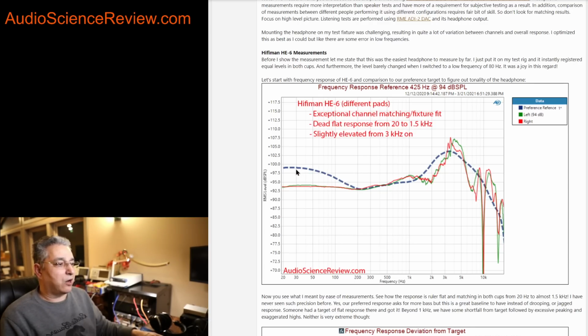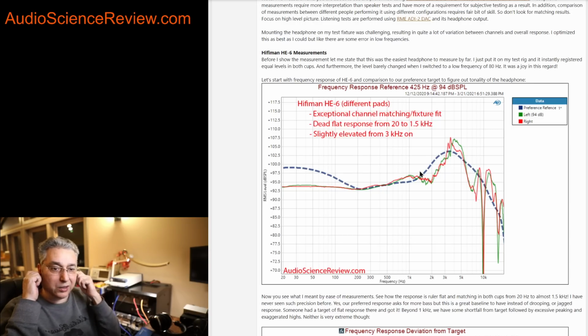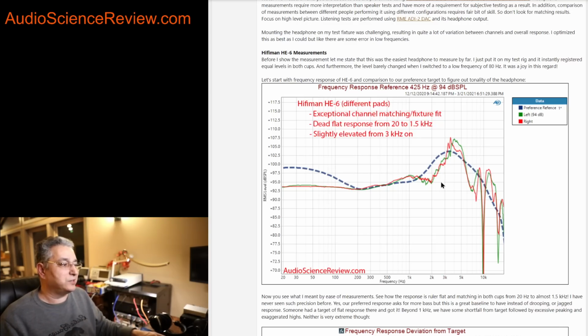So anyway, the Harman research shows that this dashed line is more or less what we want to see. Why is it looking like this? First, ignore the left side. It peaks up like this because our ears and ear canal and this whole shape is designed to amplify these midtones.